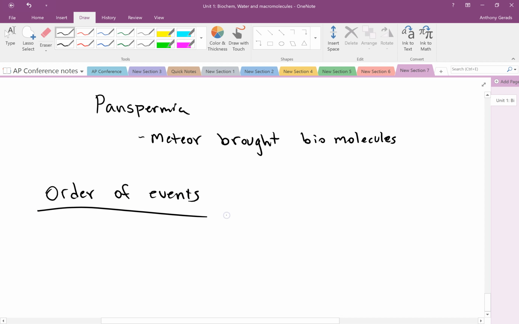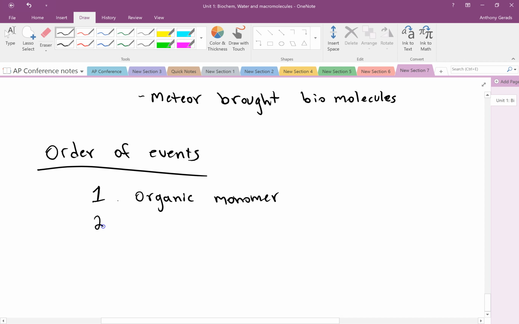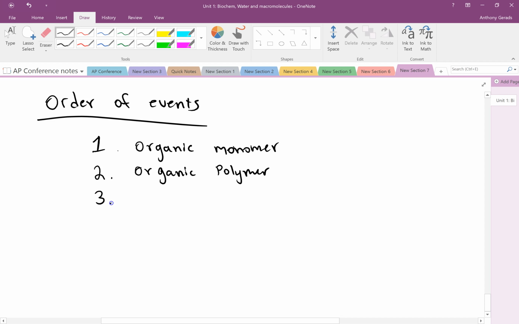What do you think came first, the monomer or the polymer? The monomer. So order number one, organic monomer. That organic monomer was probably brought here. Order number two, those monomers started to form together and form polymers. Number three, when lipids are in water, they start to form a ball automatically.